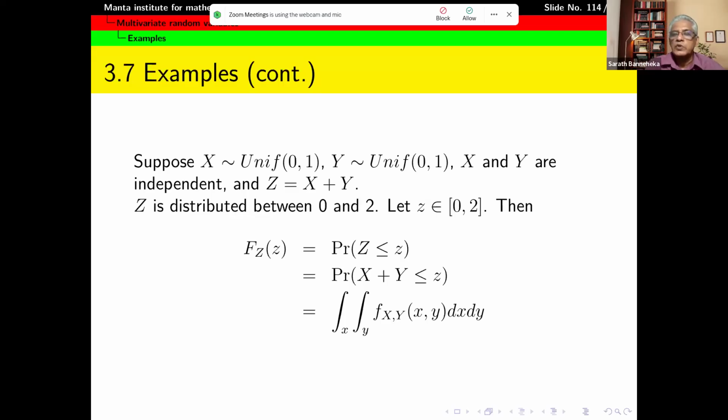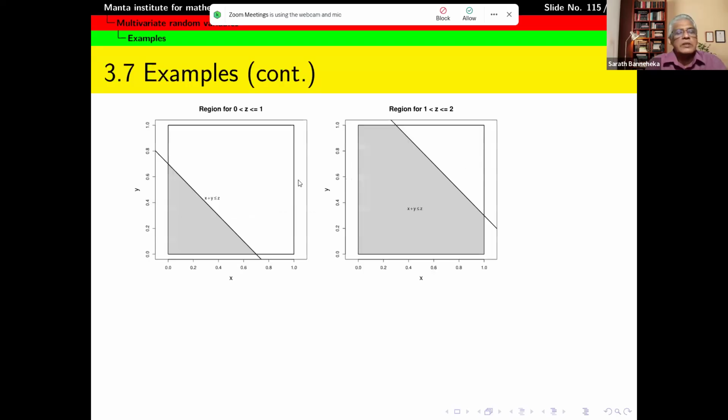But when you talk about the joint density, we have to look at XY points. So XY points should be in the square with corners 0, 0, 0, 1, 1, 0, and 1, 1. That will be the area that we have to consider.